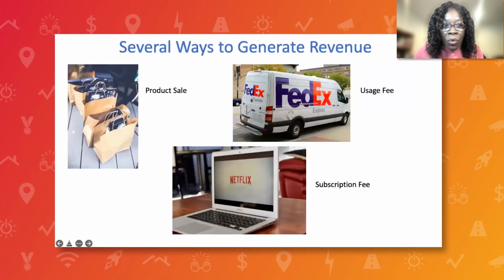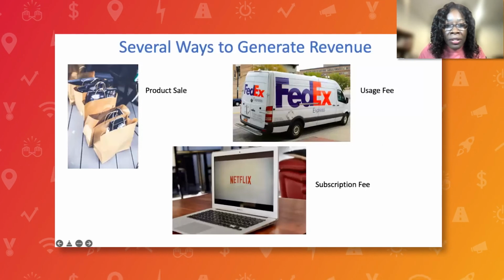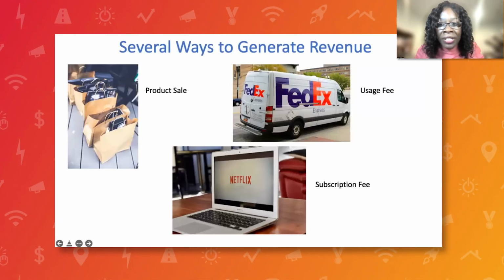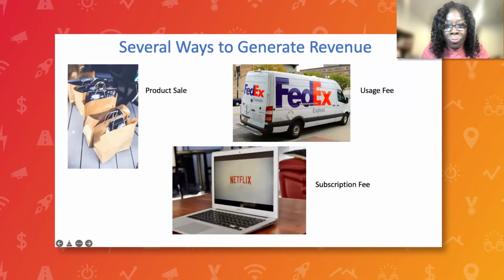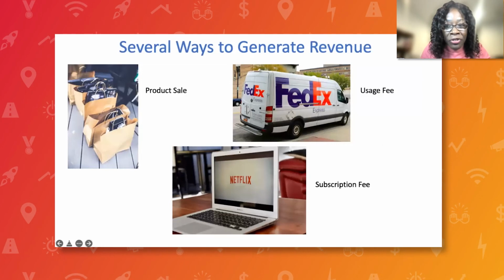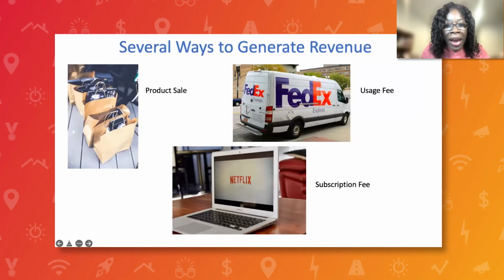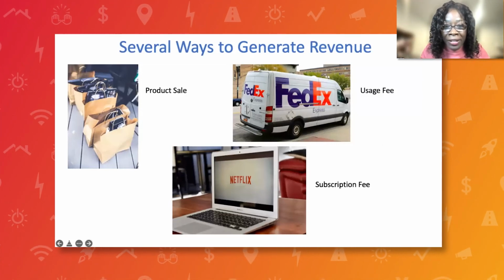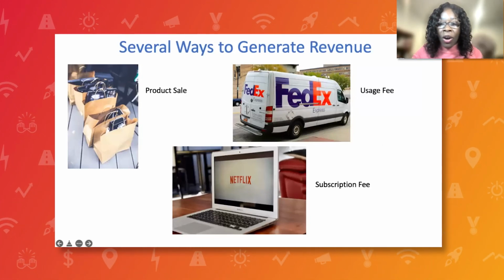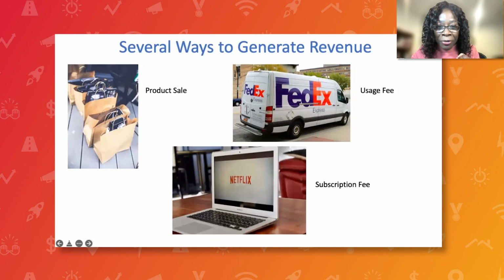So when you think about cost and revenue, what is a revenue stream? When I say that, people automatically start talking about price. And I'm not talking about price. I'm talking about a revenue model.